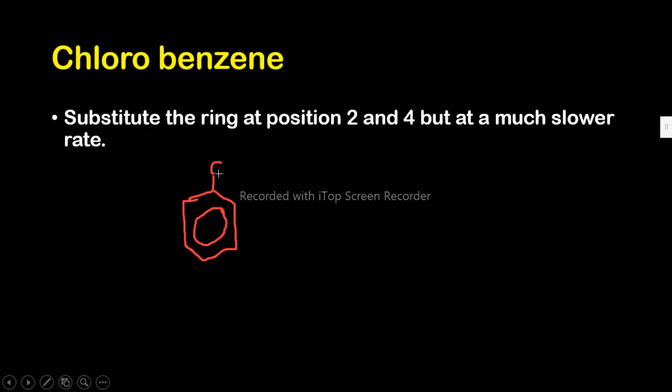So this is a Cl that is attached. Now, it's not that this is carbon number 1. It's another disclaimer, let me assert this. If you just draw benzene like this, any carbon atom can be carbon number 1.